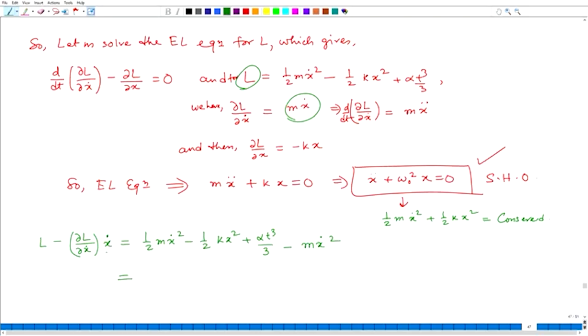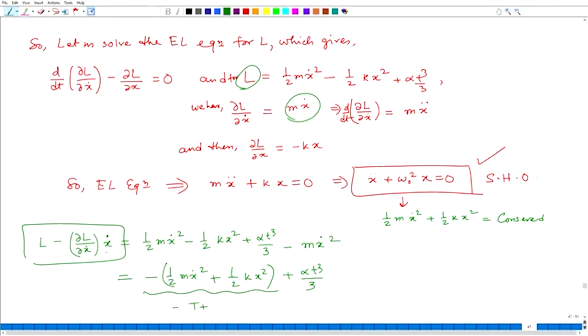That is why finally you have minus half m ẋ² minus half k x² plus α t³/3. Now, you see that this expression is no longer equal to minus of T plus V, but it is now minus of T plus V plus something else.